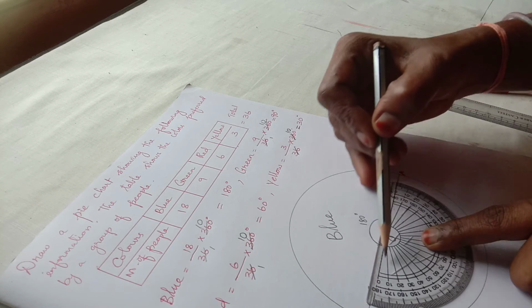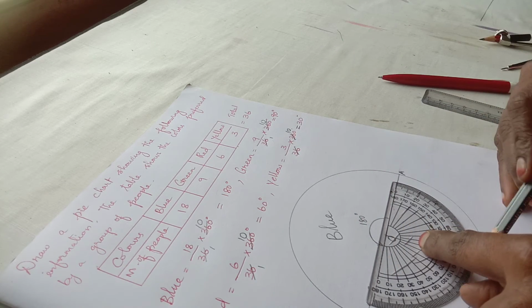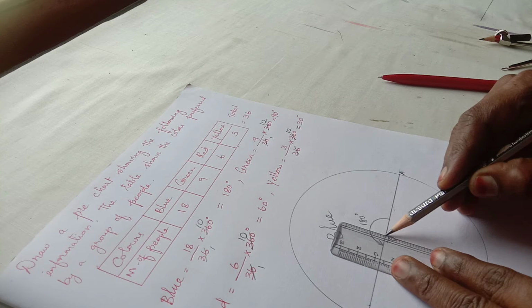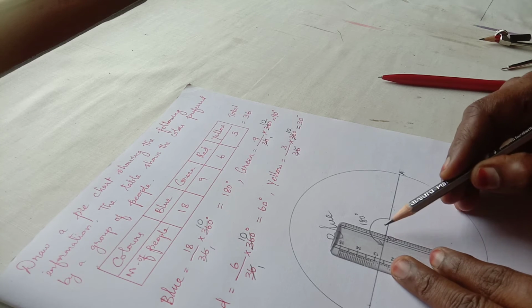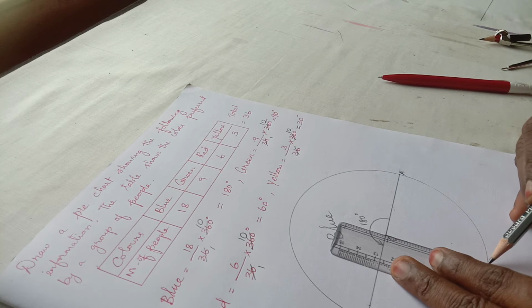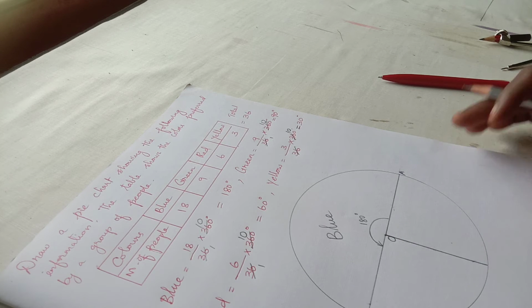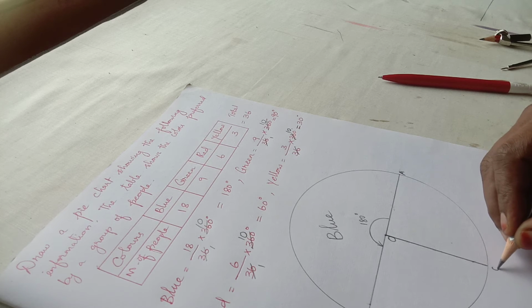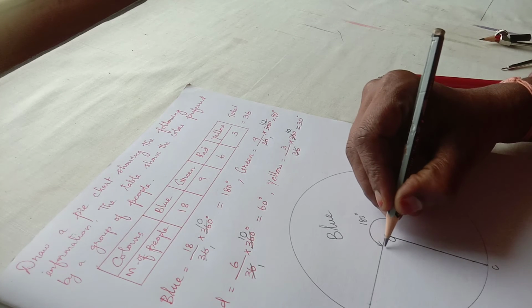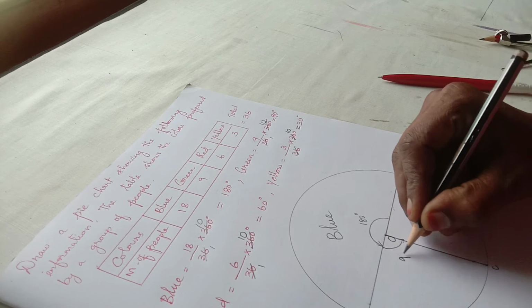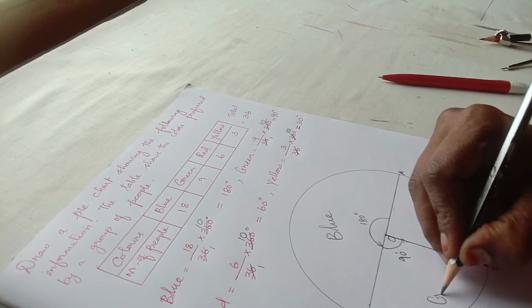So we pointed 90 degrees. Now let's join this point and name it C. How much is this angle? 90 degrees, and the color is green.